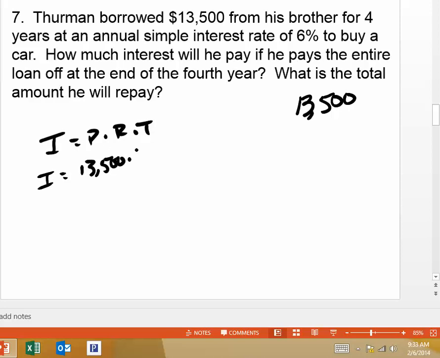So we don't know what the interest is, so it's $13,500. That's what he borrowed. He borrowed it at 6% for 4 years.